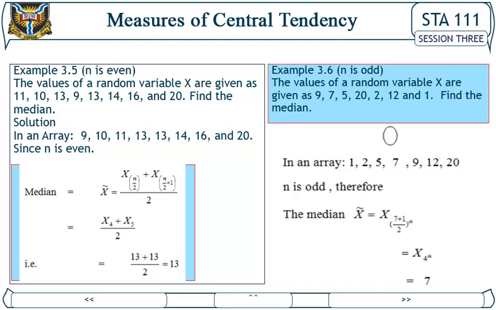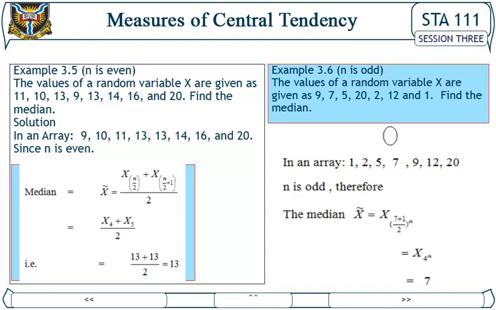Solution: in an array 9, 10, 11, 13, 13, 14, 16, and 20, since n is even, median x bar is equal to x at n over 2 plus x at (n over 2 plus 1), divided by 2, is equal to x4 plus x5 over 2. That is equal to 13 plus 13 over 2, which is equal to 13.